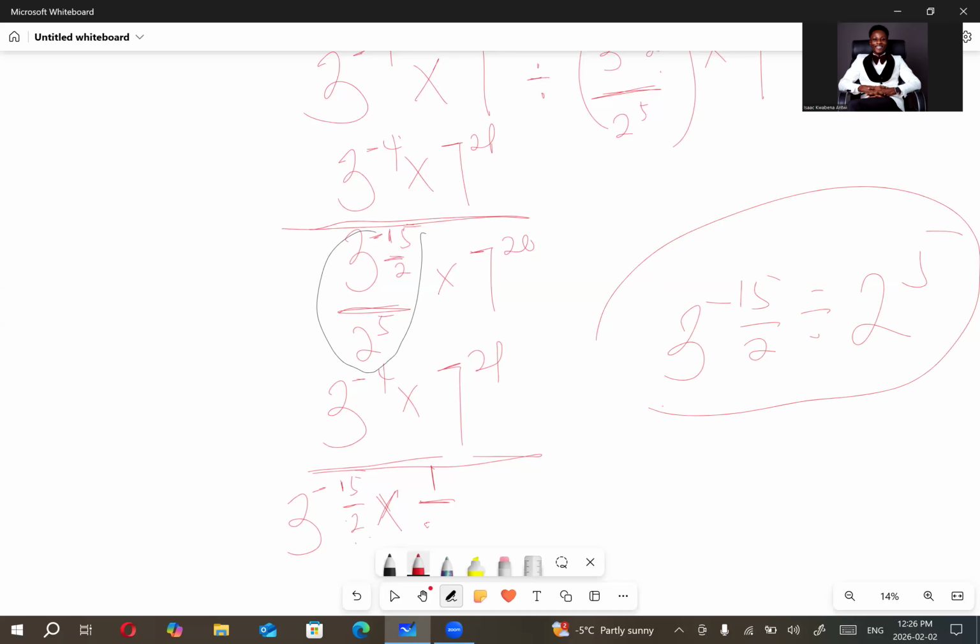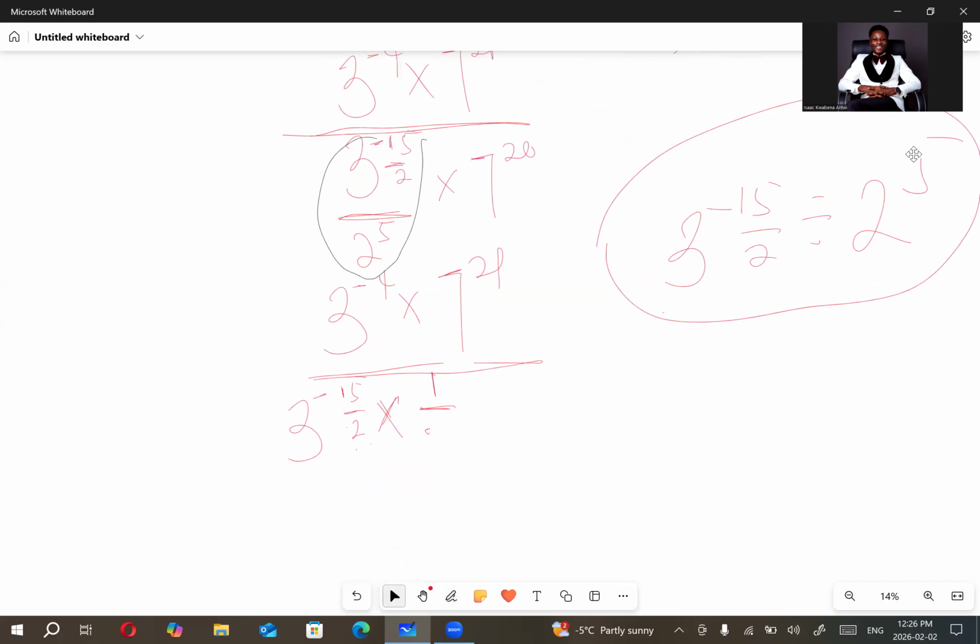Usually when you have something like that, we reciprocate it, turn it upside down if you want to introduce a multiplication sign. So that would be 3 exponent negative 15 over 2 times 1 over 2 exponent 5.